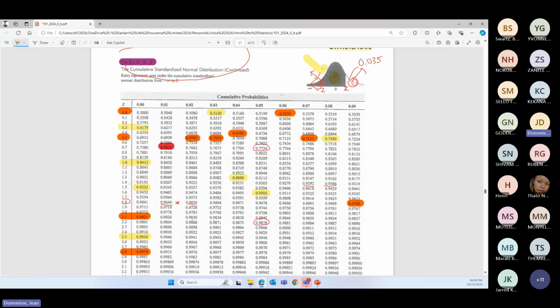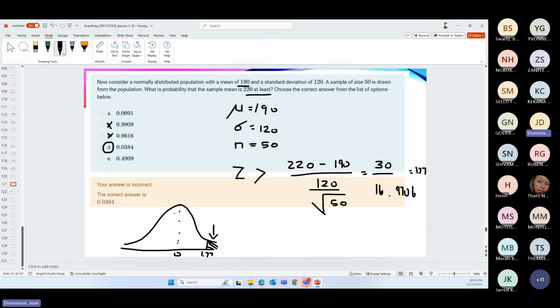So there we have 1.77 is 0.9616. So there you have it.